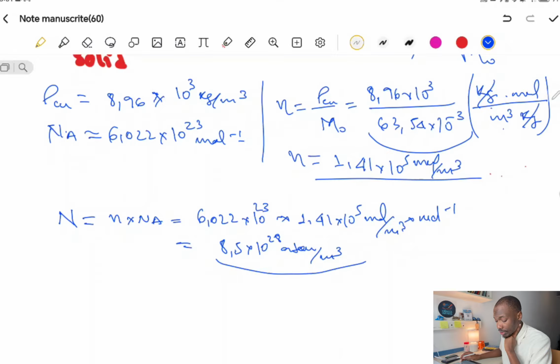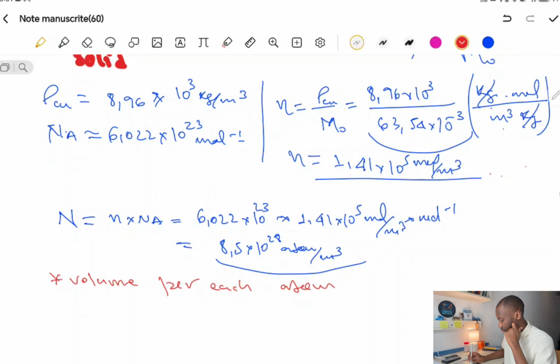Okay. Then we have to find out the volume per each atom. Okay, we have to find out which volume one atom occupies. Let's say the volume per each atom should be given by, you can say, atomic volume is equal to 1 atom over the number of atoms per each cubic meter.